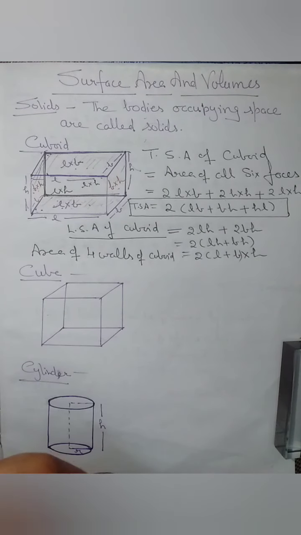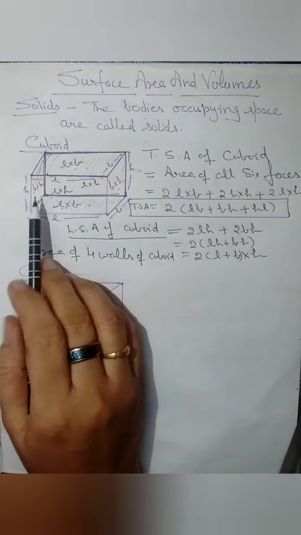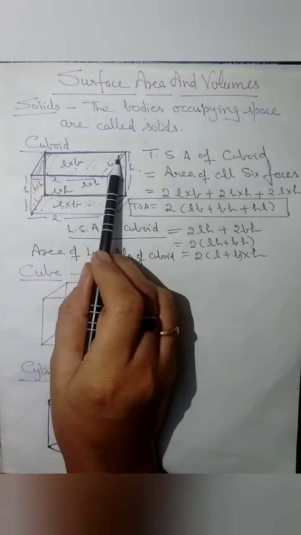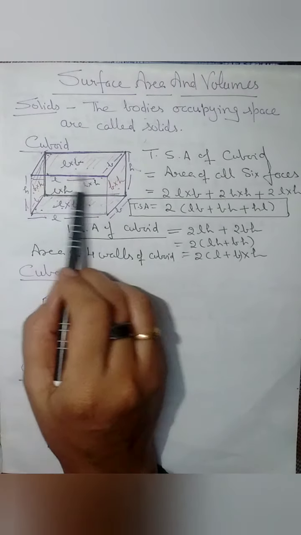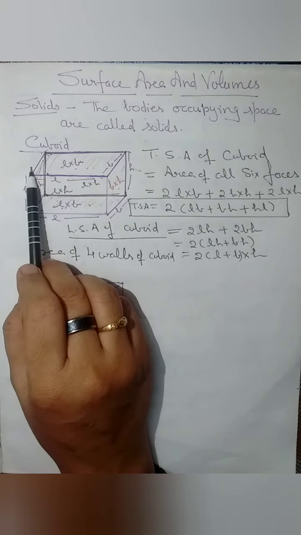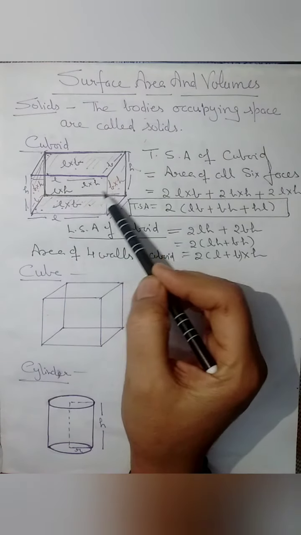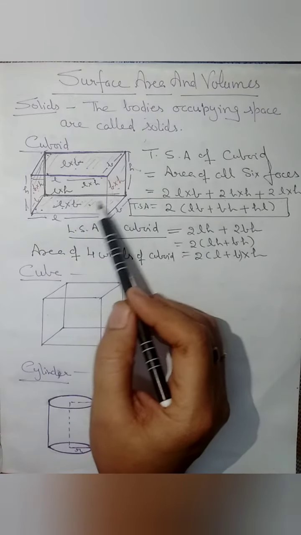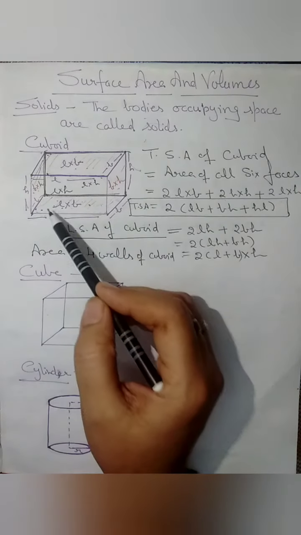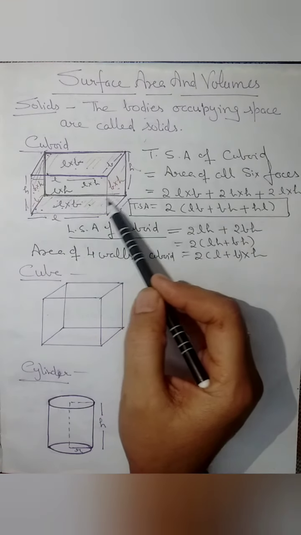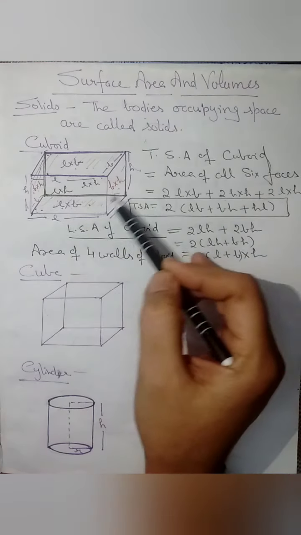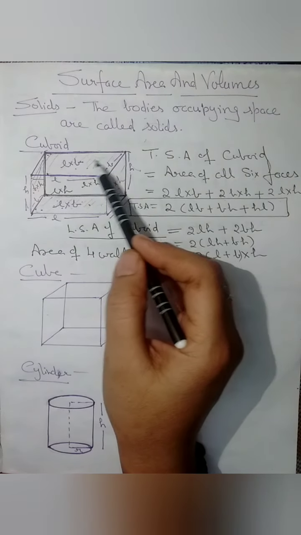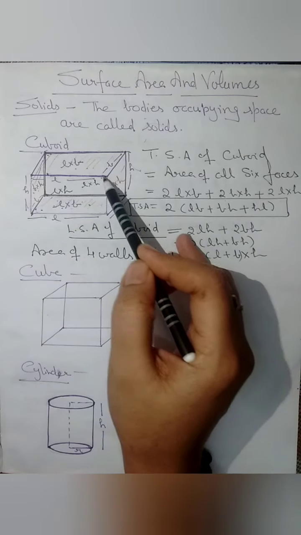Sometimes a question is asked where we have to find the area excluding the top. The top is not included, so what we will do is write the formula as the area of 4 walls plus the area of the base. If it says to exclude the floor, then the area of 4 walls plus the area of the top. Whatever surface area you have to find, you will see how many faces are included.